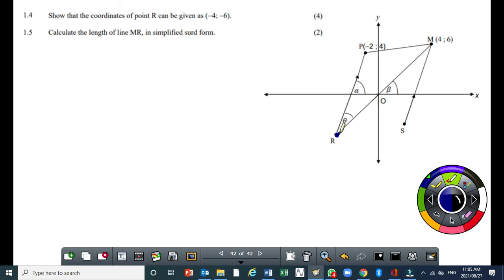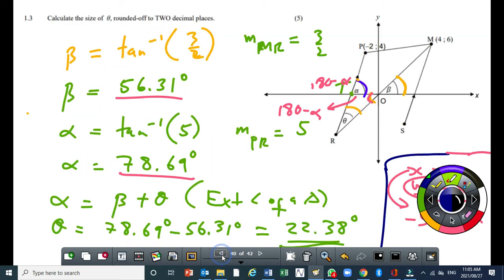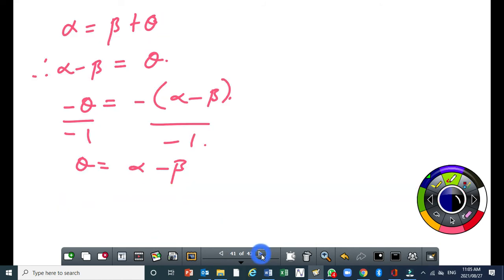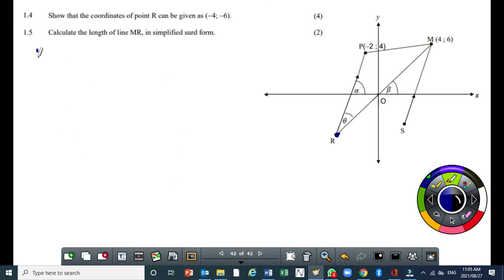Fortunately, we can use the two equations, the equation for MR and the equation for PR. We equate them and then we end up having to solve them simultaneously. So, first, let's go to the equation for PR. The equation for PR is this: y equal to 5x plus 14. So, we have y equal to 5x plus 14.